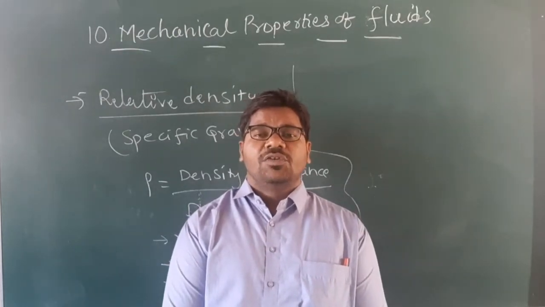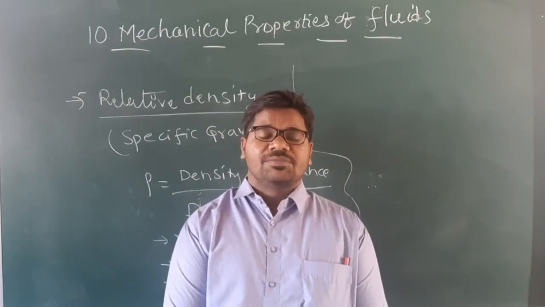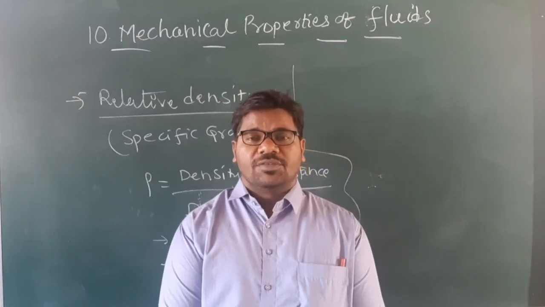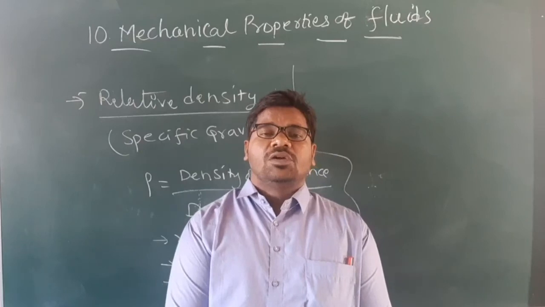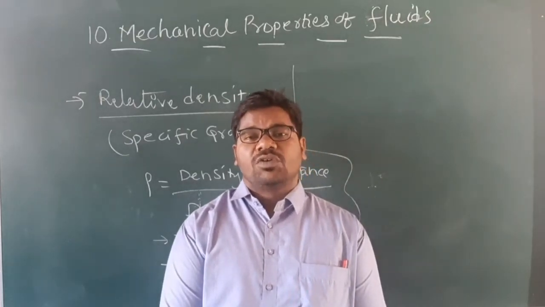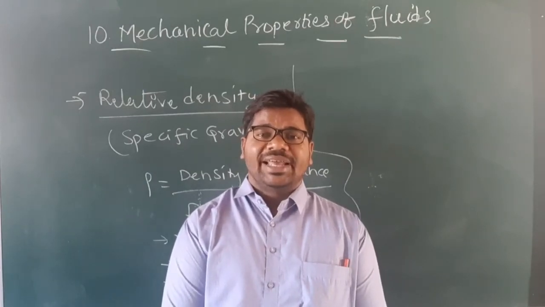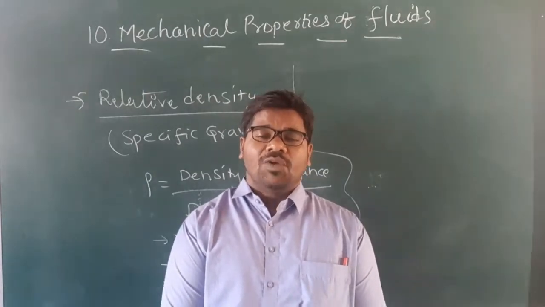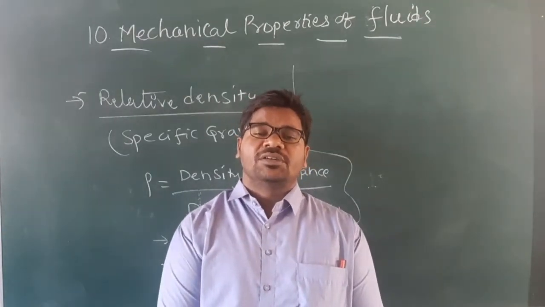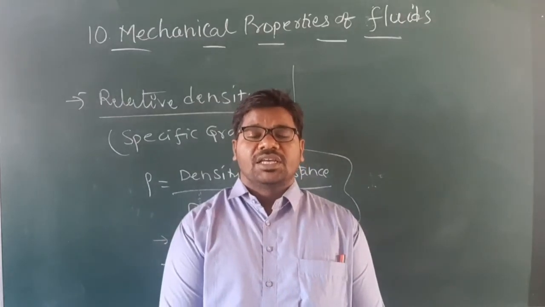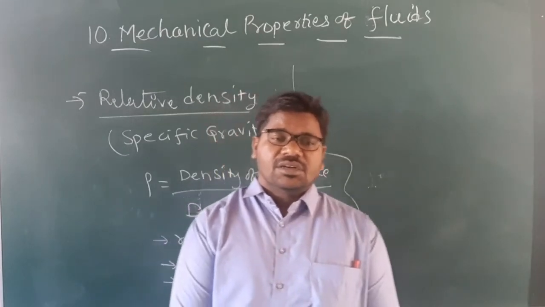The SI unit is Newton per meter square, called Pascal. 1 Pascal is equal to 10 Newton per centimeter square, and 1 atmospheric pressure is equal to 1.013 into 10 power 5 pascals.